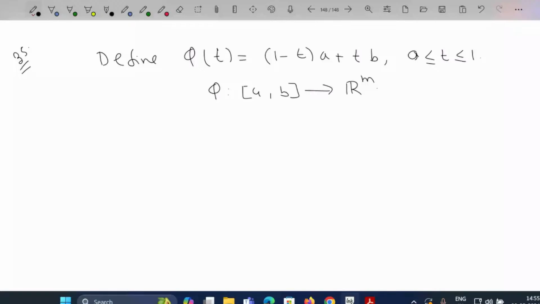But this phi of t belongs to E since E is convex, because (1 minus t)a plus t b is just the line segment joining the vectors a and b.